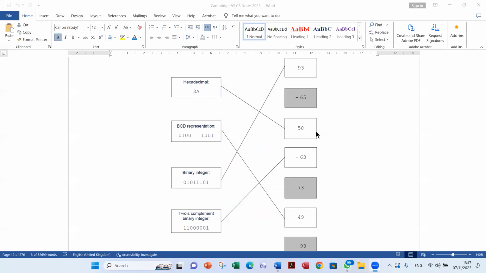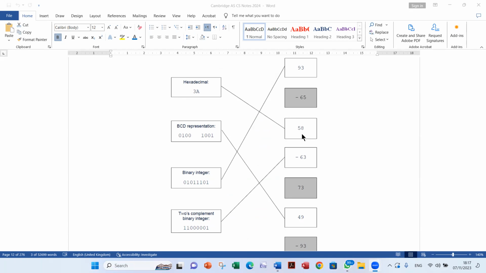Okay, this is the answer. Let me do the hexadecimal 3A for you. 3 is 3 and A is 10. This is hexadecimal, and to convert it into denary, you need to put weights. Hexadecimal weights.